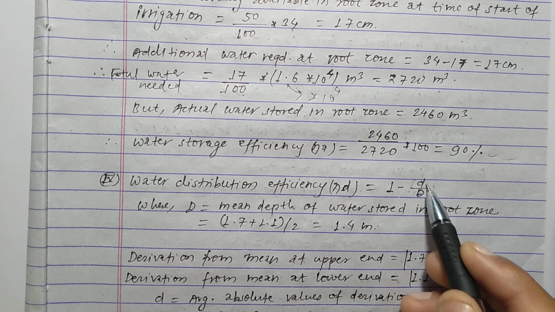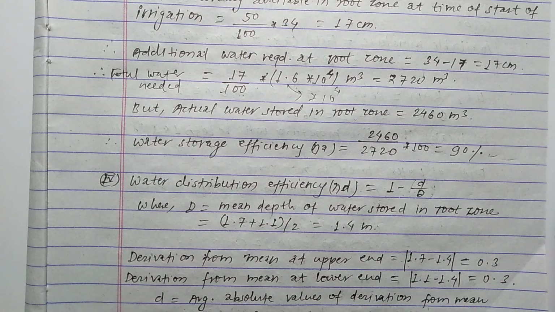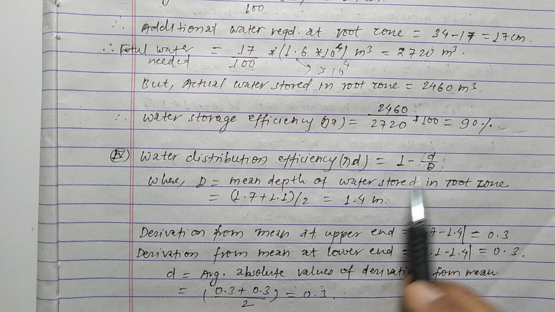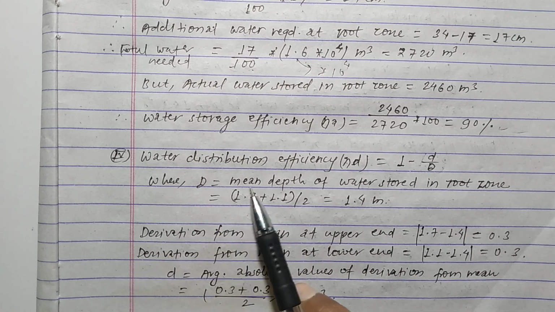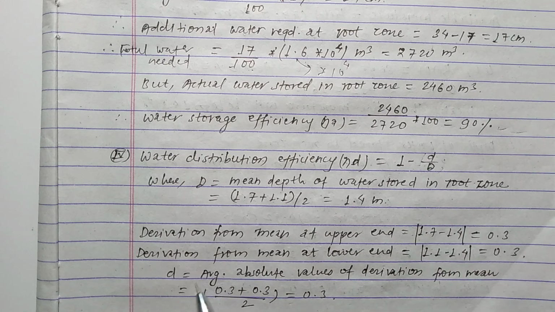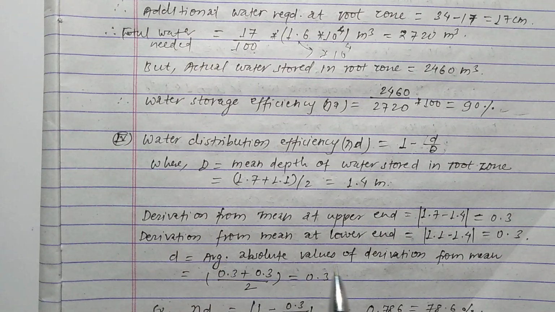So we have to calculate small d and capital D values. First you have to know what capital D and small d are. Capital D is the mean depth of water stored in the root zone, and small d is the average absolute value of deviation from the mean.